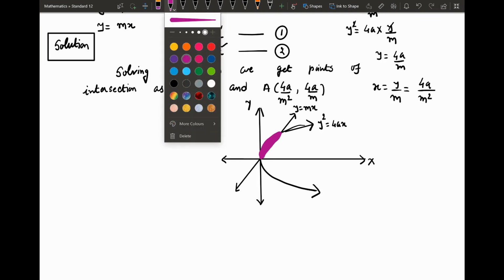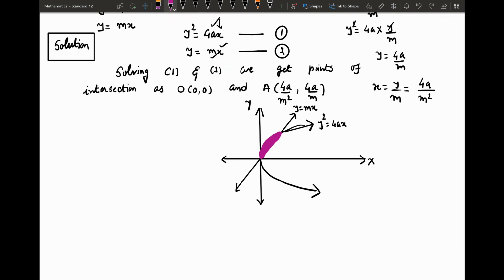Now which formula will we use? First we denote this origin O (0, 0), and the other point of intersection is (4a upon m square, 4a upon m).